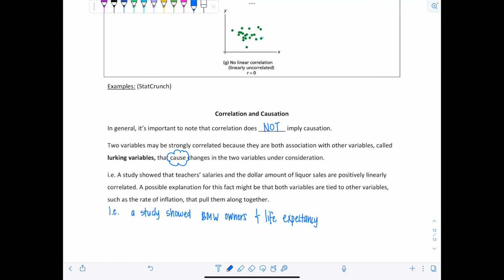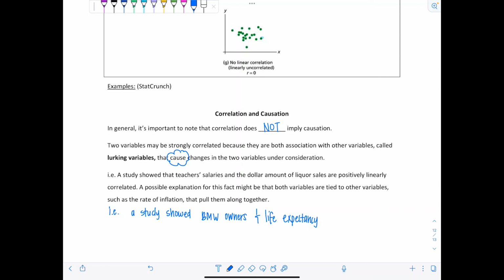So it doesn't mean, hey, I want to live longer, let me go out and get a BMW for myself. There's a strong linear correlation between those two variables. No, but if you think about it, people who buy luxury cars like BMWs, they probably have access to better health care, maybe better nutrition, all sorts of things that would enable them to have a longer life expectancy.